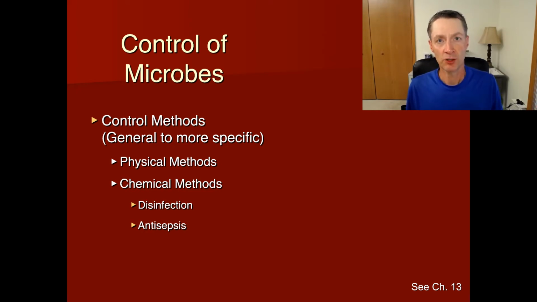So disinfection, using a disinfectant, would be looking at using a chemical to kill on a surface. Usually in this case, when we say disinfection, we're talking about an inanimate surface, not living. Antisepsis would be, on the other hand, applying to surfaces on living things with the intent not to do too much harm to that living thing, and to kill only the microbes we're trying to get rid of, okay?